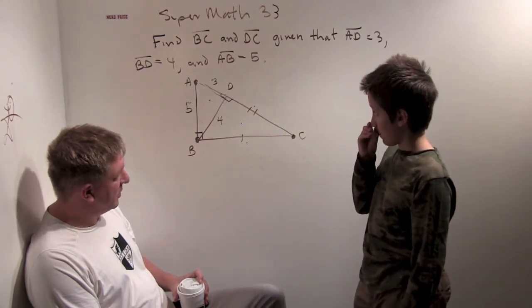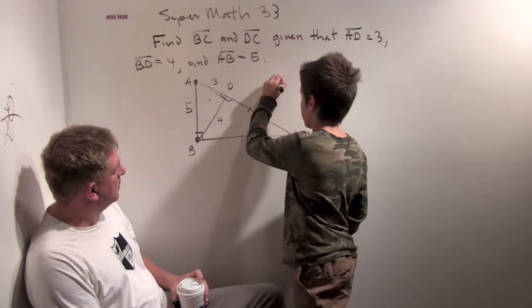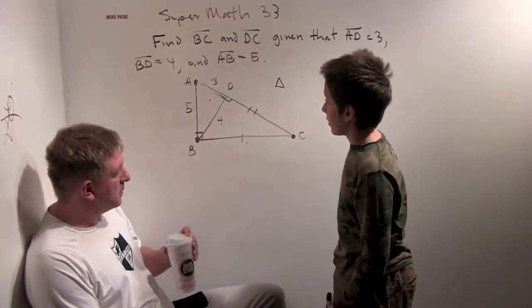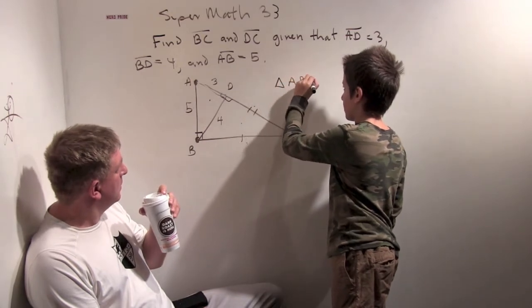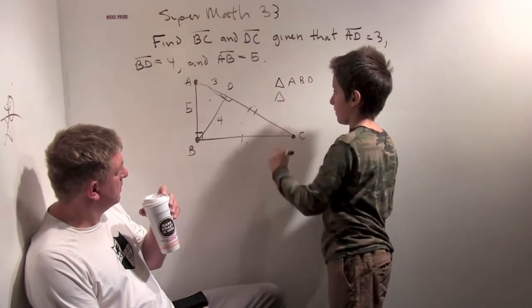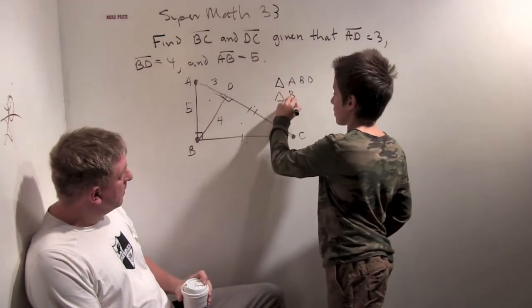Alright, so show me which triangles you think are similar. Write them out. So, triangle ABD and triangle BCD.